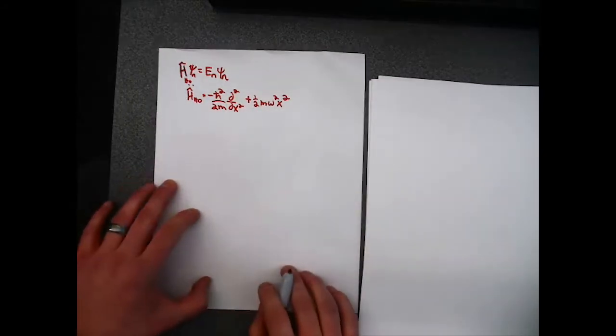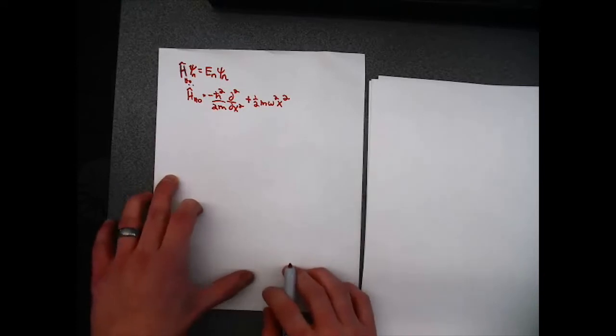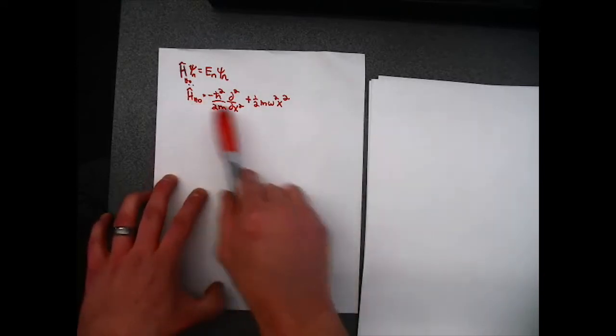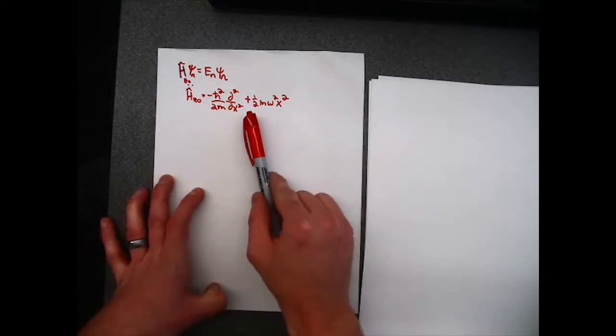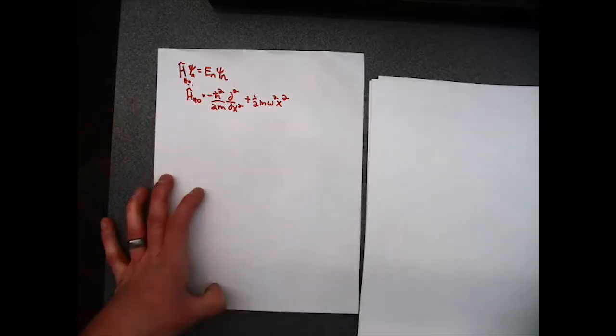And so we're looking for the particular type of function where when we act on it with this operator, we get a number times the function back itself.